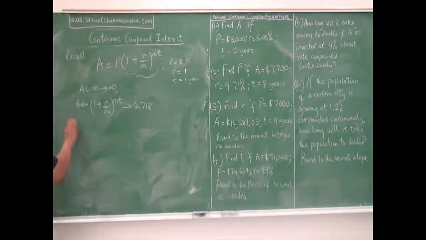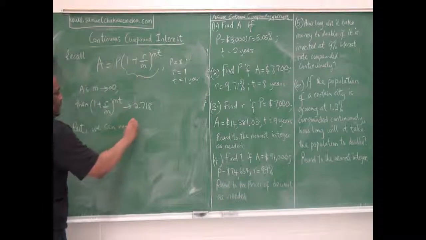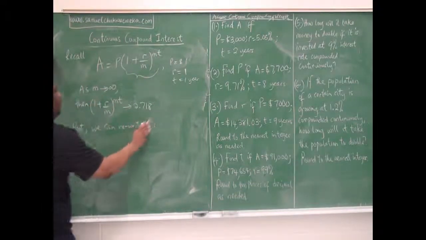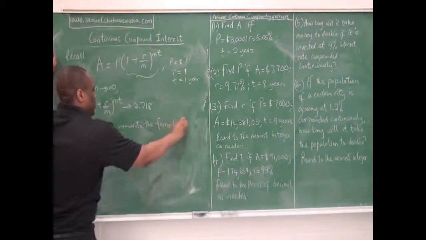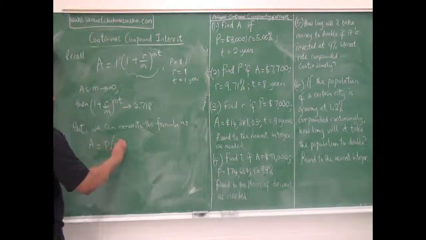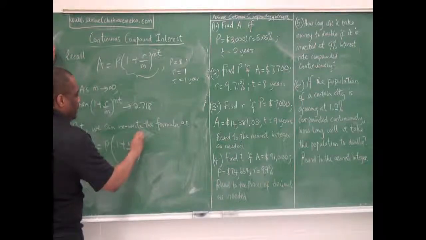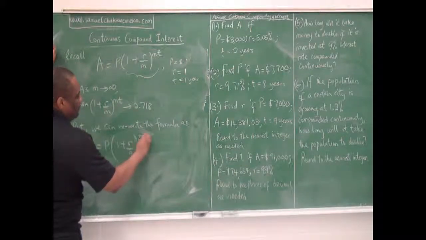Okay? Now, we can rewrite the formula as A equal to P times (1 plus R over M) raised to (M over R) times RT.